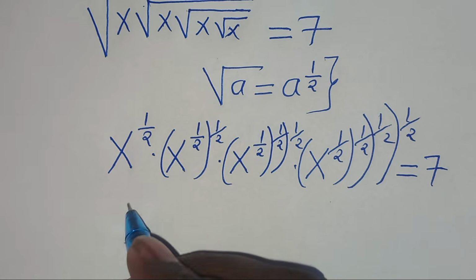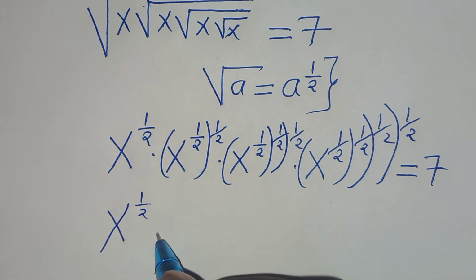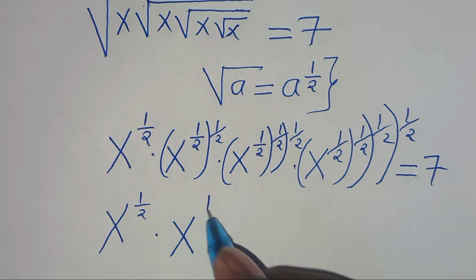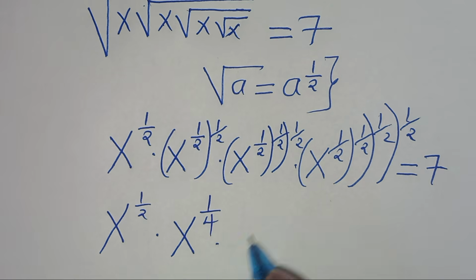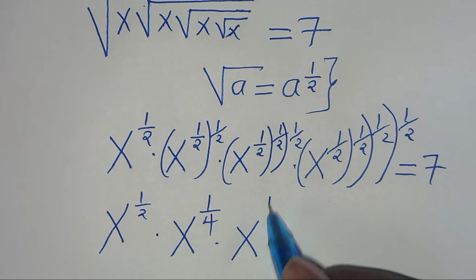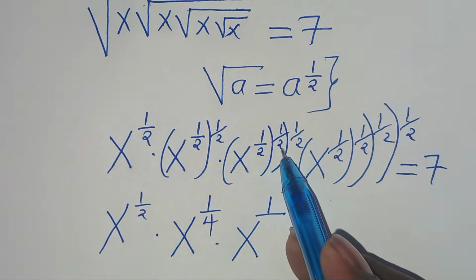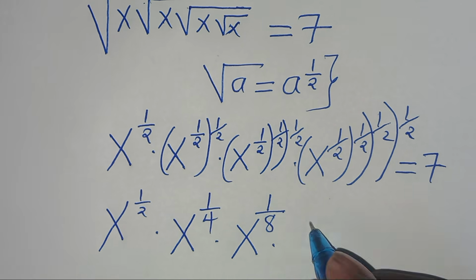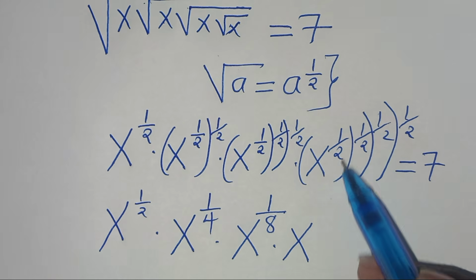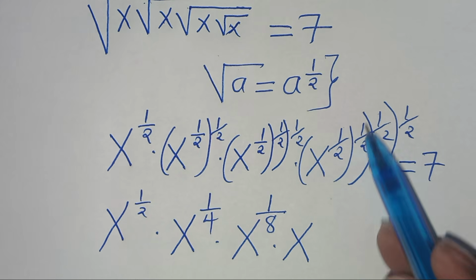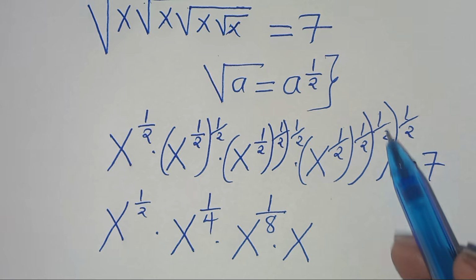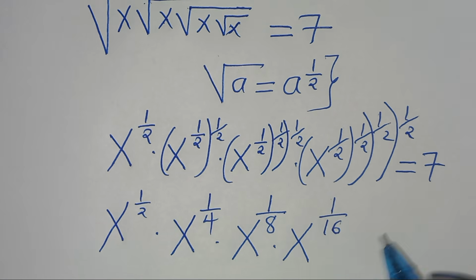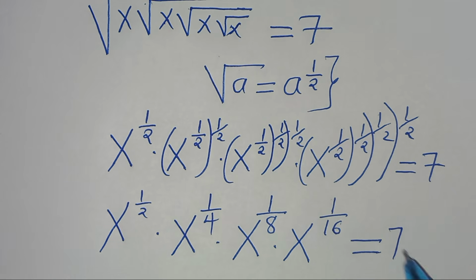So this means this is x to the power of a half multiplying by x to the power of a half times a half, this is 1 over 4, multiplying by x raised to the power of 1 over a half times a half times a half, this is 1 over 8. Then multiplied by x to the power of, we have a half times a half, this is 1 over 4, times a half, this is 1 over 8, times a half, this is 1 over 16, and this is equal to 7.